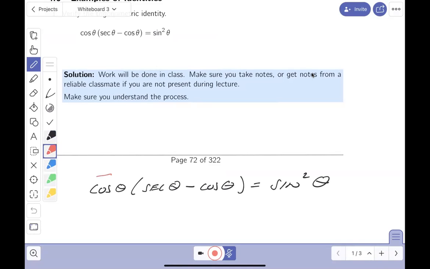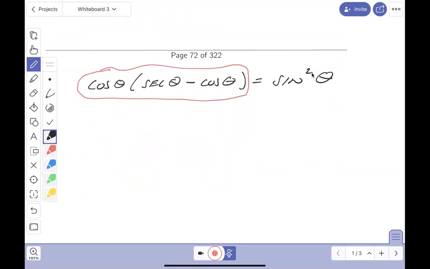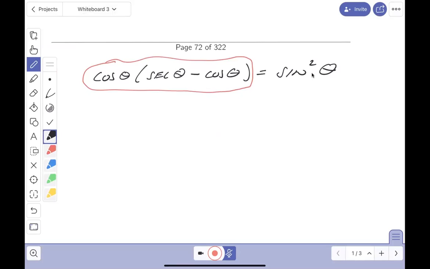I would say this side here provides a lot of opportunity for rewriting it. So what I want to suggest, at least initially, not that it always works, is to write them as more familiar functions. I put this over here, cosine theta. That's familiar to me. Well, secant's a little odd, isn't it? So what is that? Well, it's 1 over cosine theta minus cosine theta.